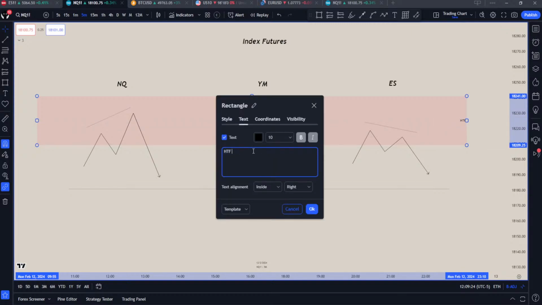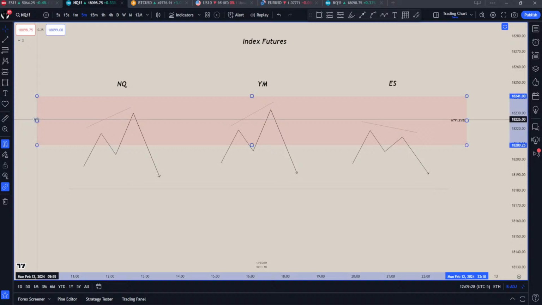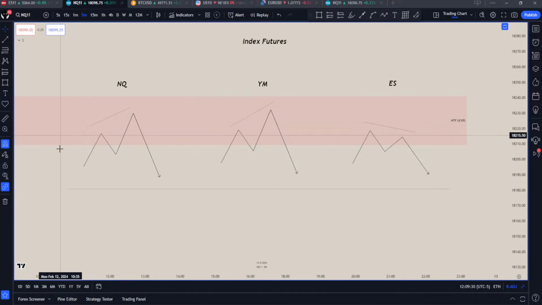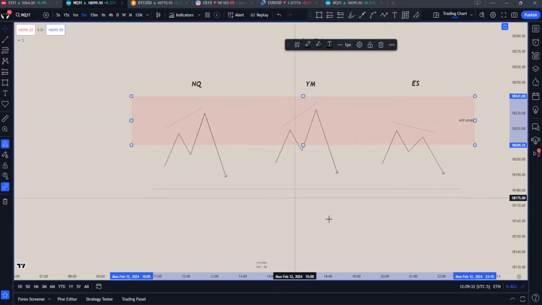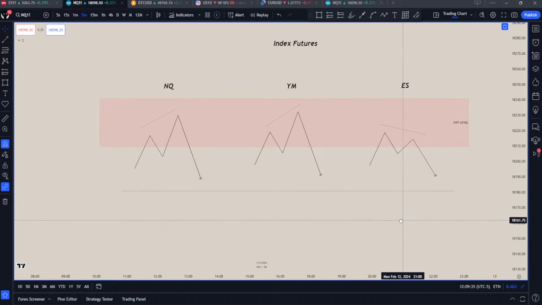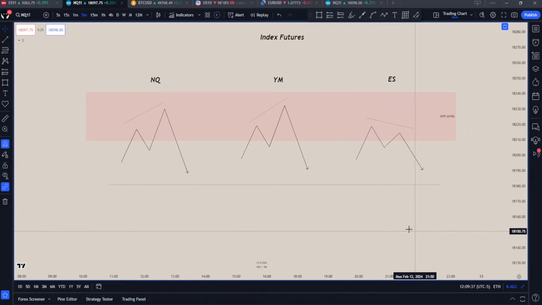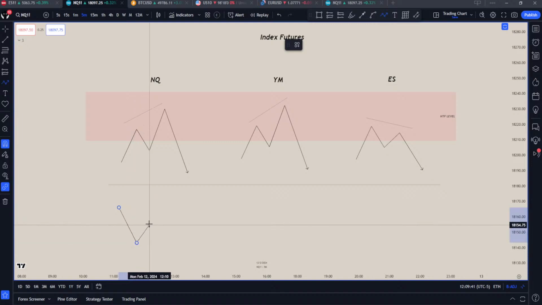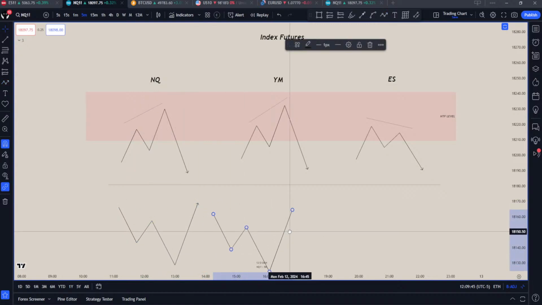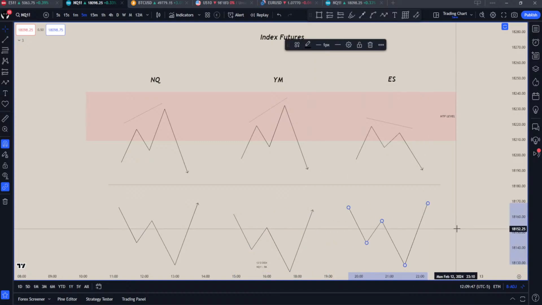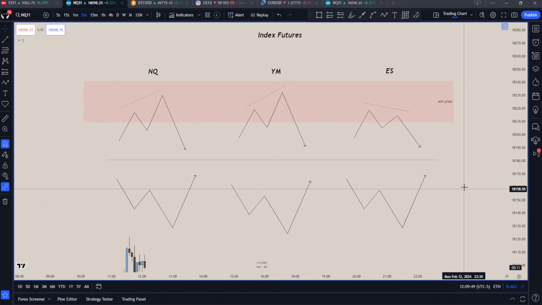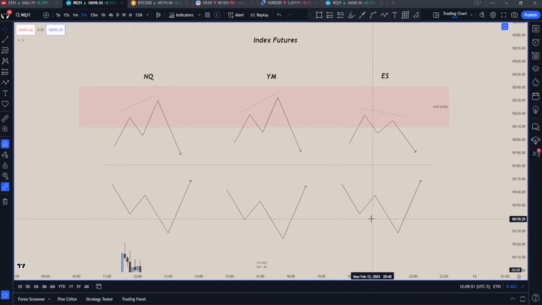I'm going to say higher time frame level, because sometimes you will see we take external range liquidity and then we drive back down or up. In this case, it would be down because it's a bearish SMT divergence. So if we're taking the same thing, we're looking for lower lows in the correlated markets.